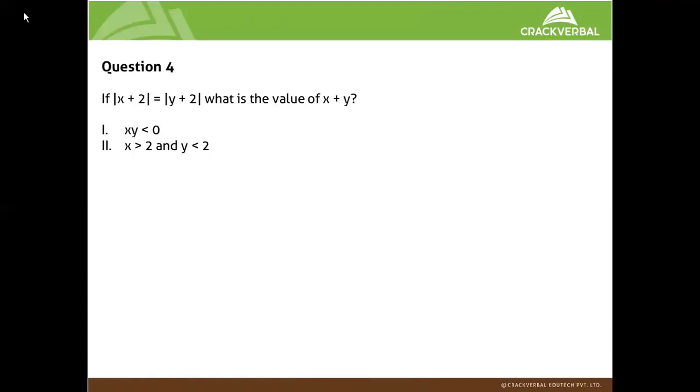The person who had asked this question is Himanshu. So Himanshu, if you're still there, I think this is your question, and it's with x and y, not with a and b, right?